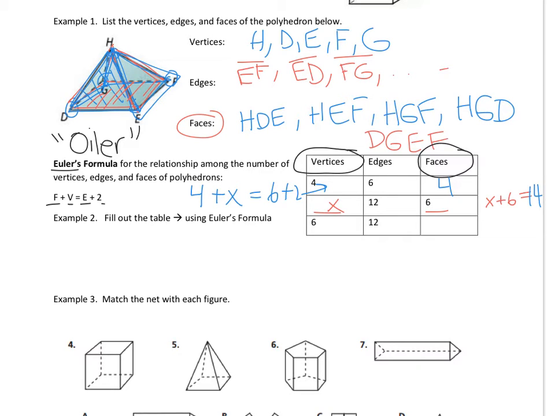So that's going to be 8. This one, vertices, 6, plus faces, we don't know, X, equals 12 plus 2. So this one's 8 as well. So use this formula.